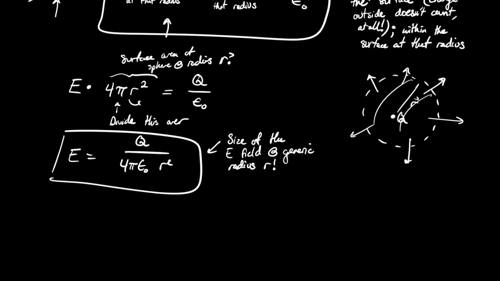And you might be wondering, that isn't Coulomb's law, but actually secretly it is, because 1 over 4 pi epsilon naught, this is what Coulomb's constant K is. They're the same thing. So you may see Coulomb's law written either way. So this does agree with Coulomb's law.